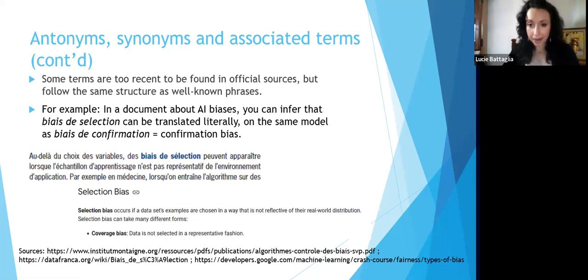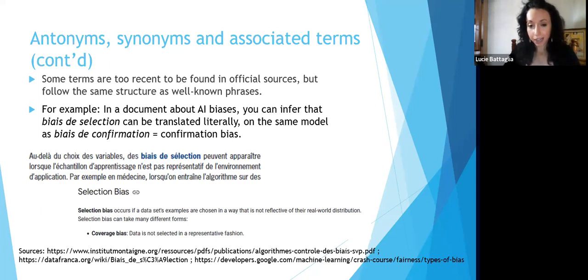Another example, some terms are too recent to be found in official sources, like in IT and artificial intelligence and so on, but they're based on the same structure as well-known phrases. I read a document about biases in AI in my own personal reading, and I came across biais de sélection.